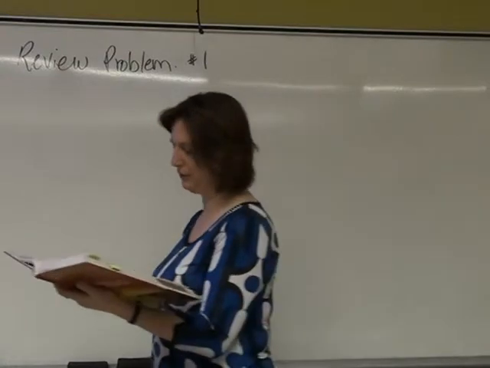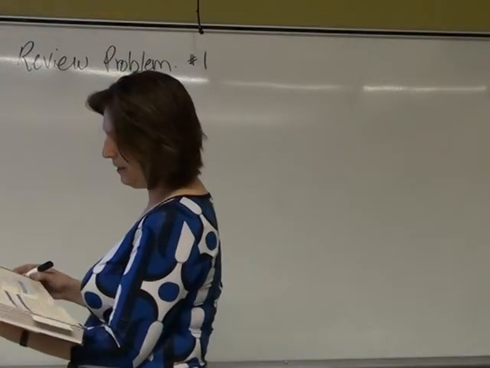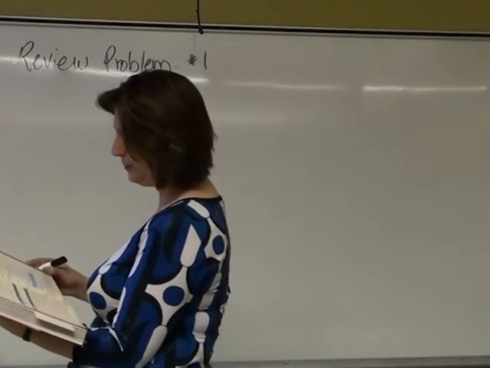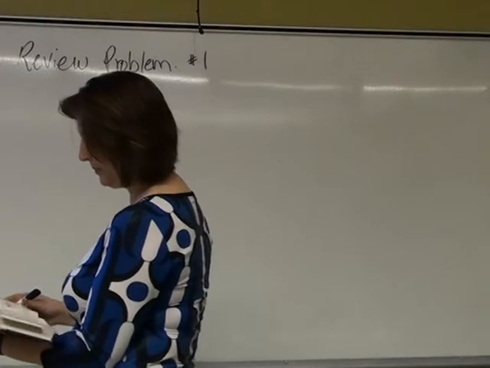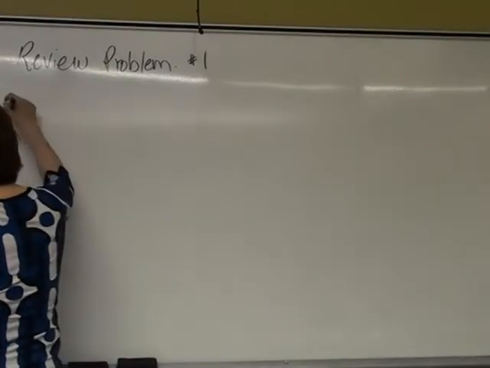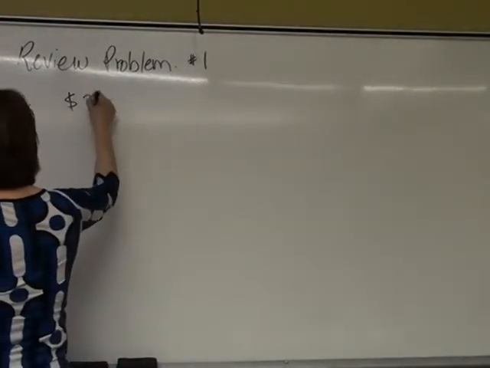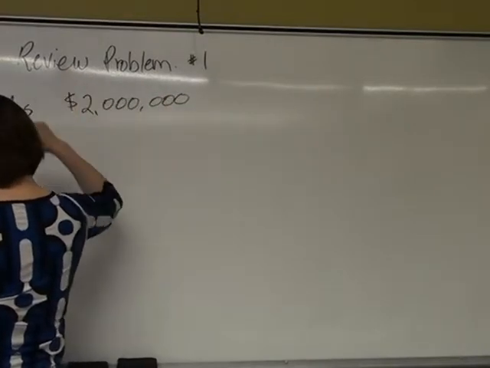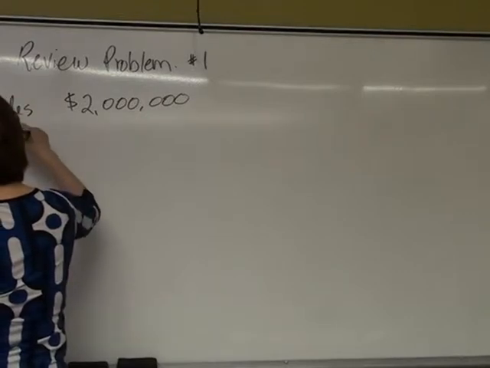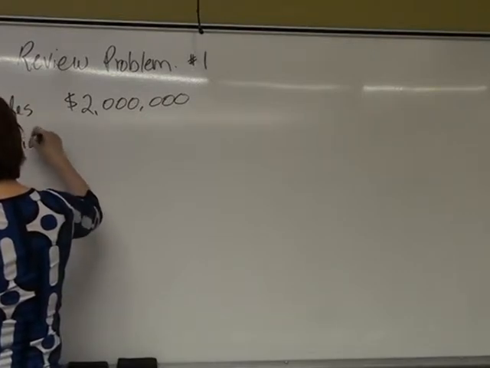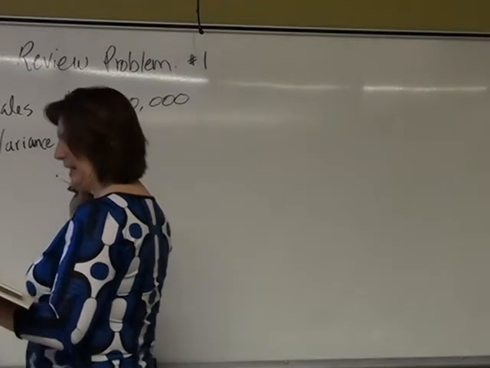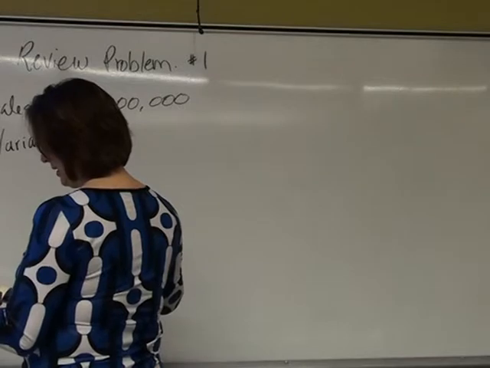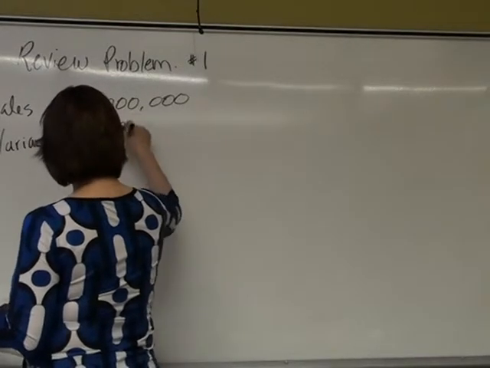Okay, let's do 11.2, segmented income statement. Bovine company, who makes umbrellas, has been experiencing losses for some time. They've got sales of $2 million. They've got variable expenses, I'm on page 519, exercise 11-2, 792.